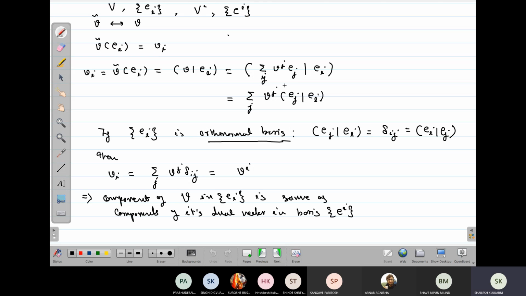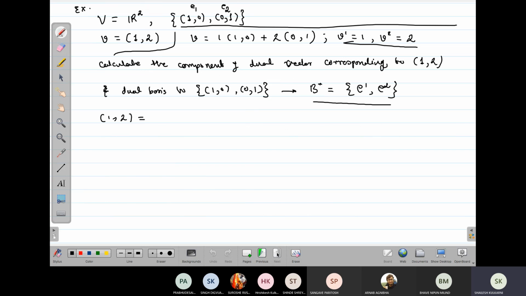And show that the components of the vector in this basis are the same as the components of the corresponding dual vector in this basis. So this is an example showing that if the bases are orthonormal, then the components of a vector and the corresponding dual vector are the same.